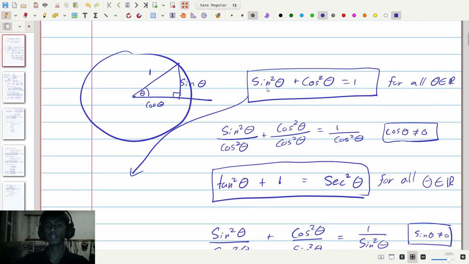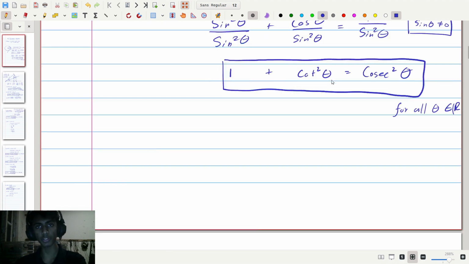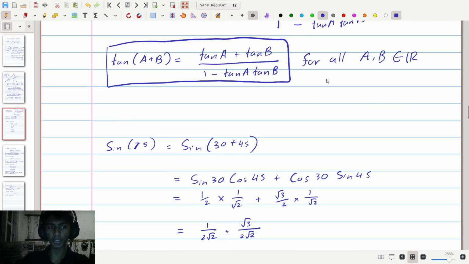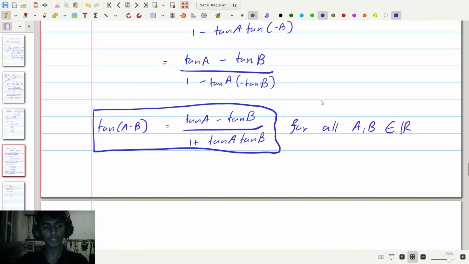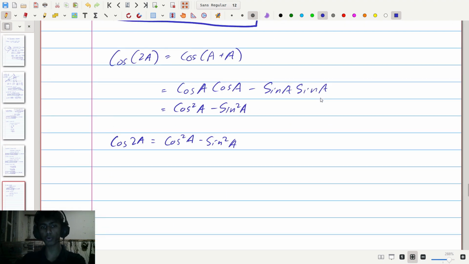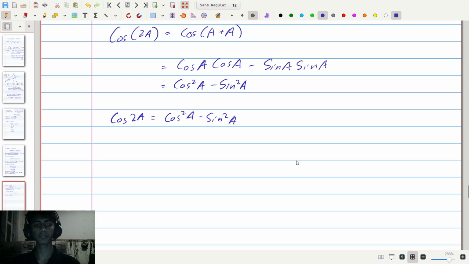Sine squared plus cosine squared of any theta is equal to 1. We use this identity to transform this other identity into two other forms, using the identity sine squared plus cosine squared of any angle a or theta is equal to 1.